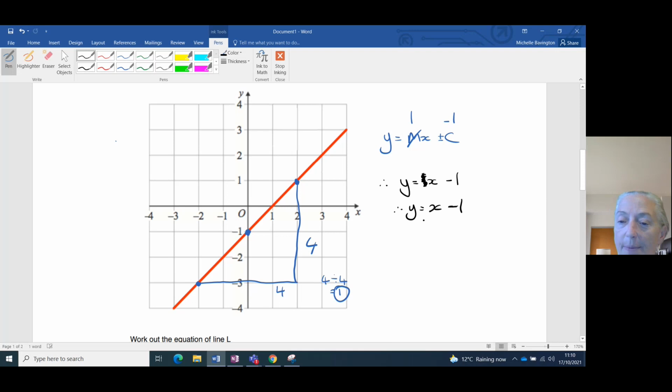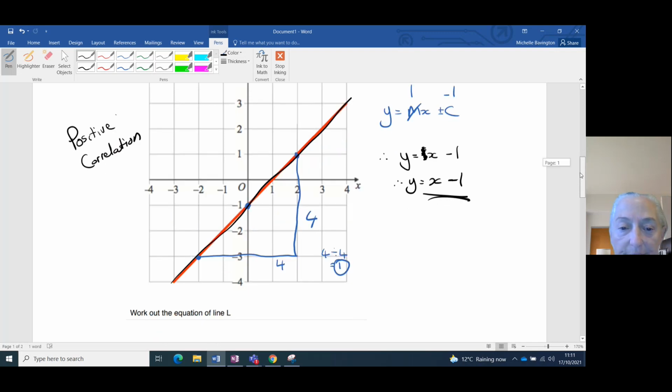And again, that is a positive correlation. It's going from owing the bank £4 to suddenly having £3 in your bank. So that is a positive correlation.